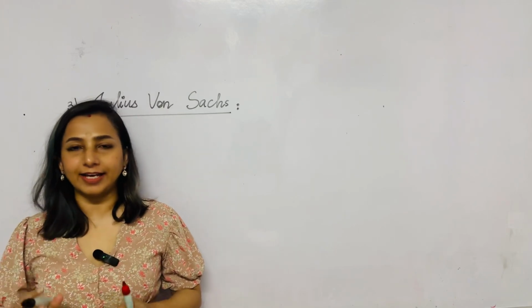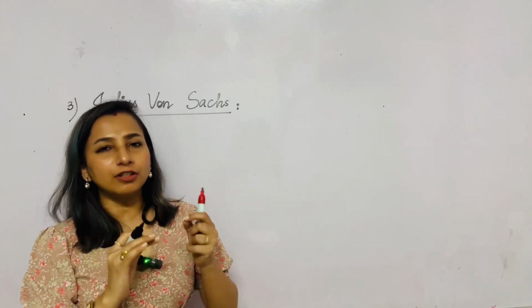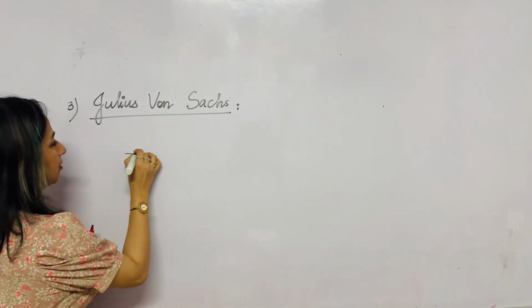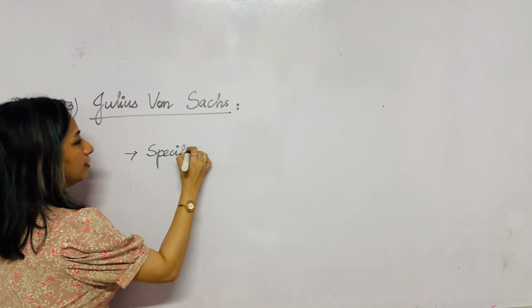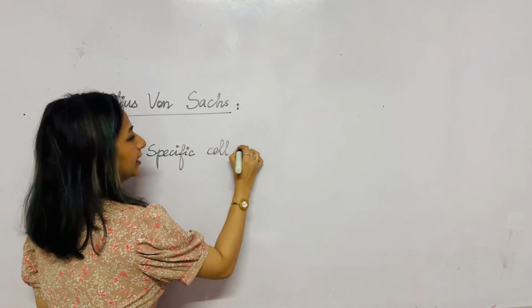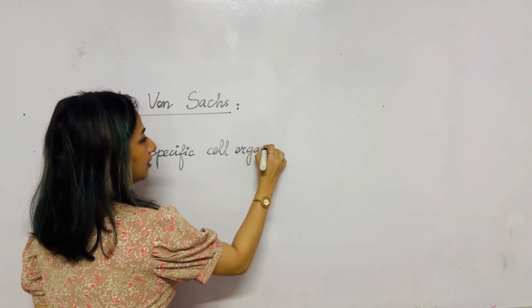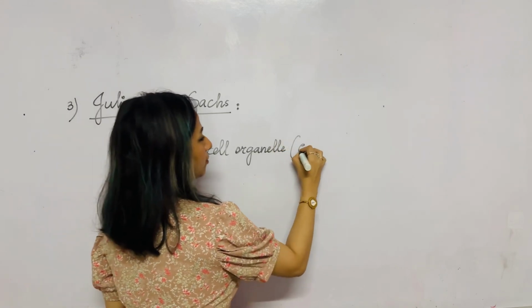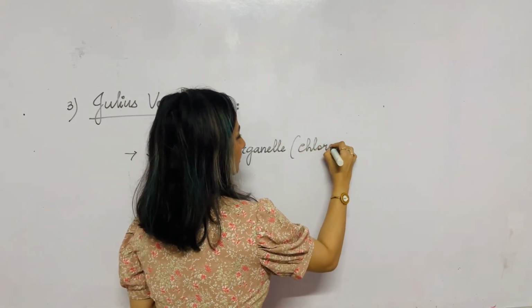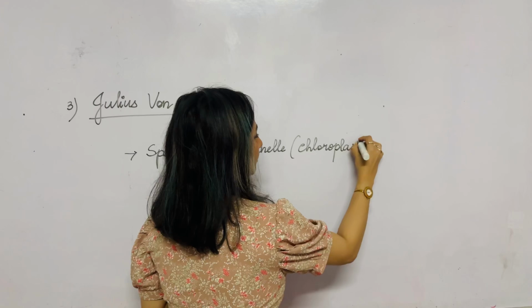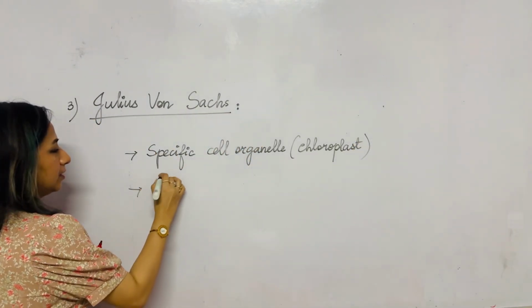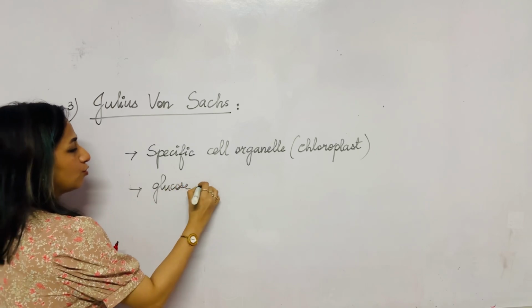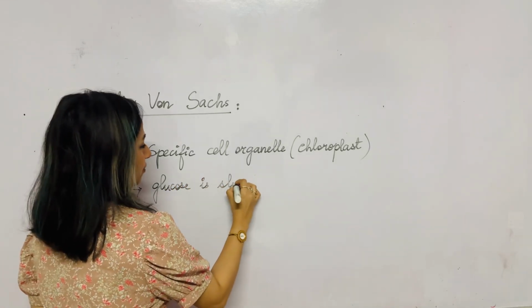He suggested that for photosynthesis to occur, there is a necessity of what? There is a necessity of a specific cell organelle. Now we know that organelle. What is that organelle? Chloroplast. Clear? And he also suggested that glucose is stored in the form of starch.